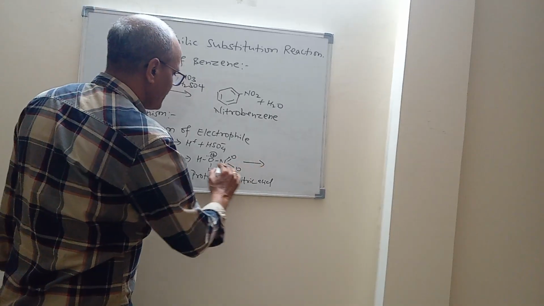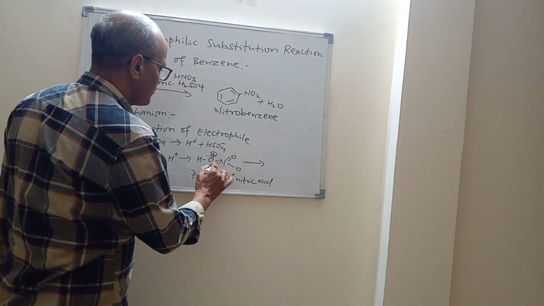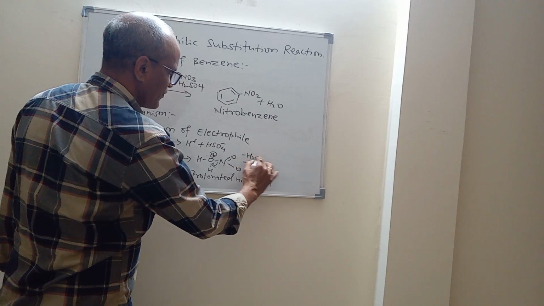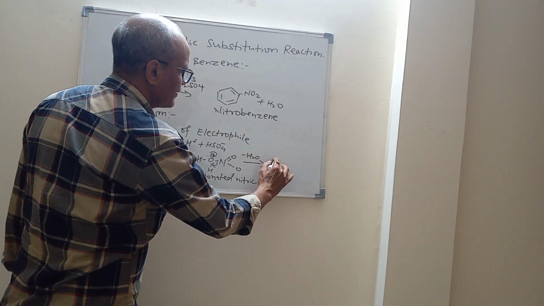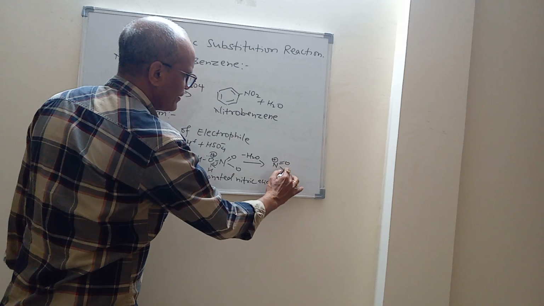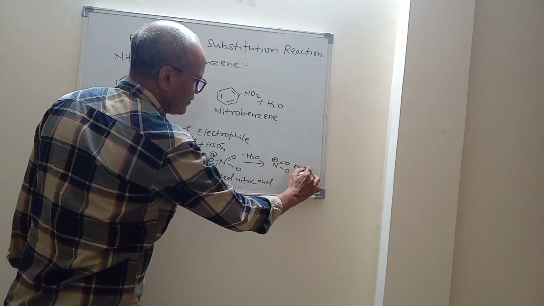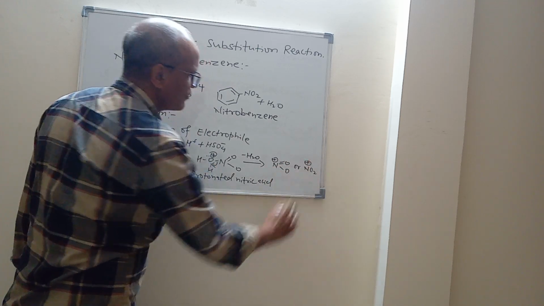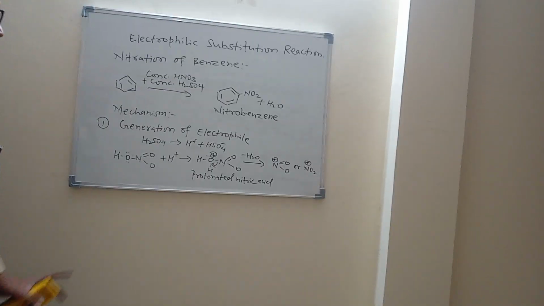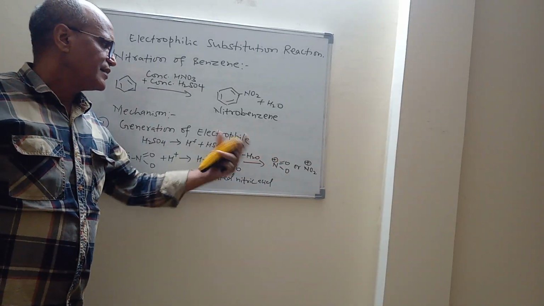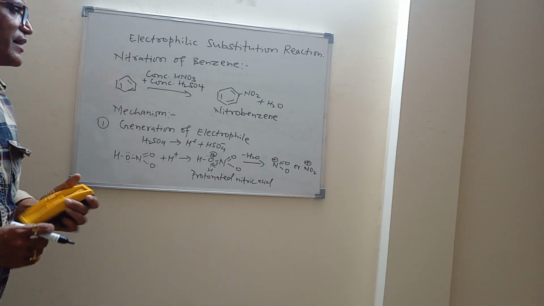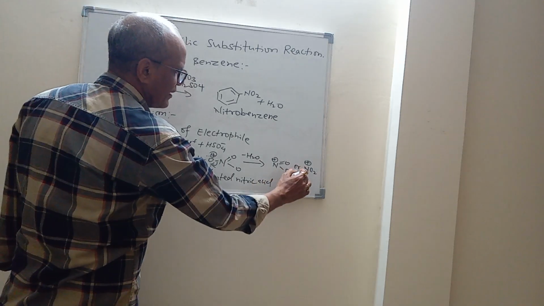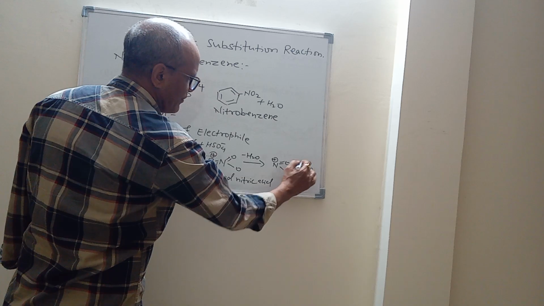And here water is lost now, and we get here nitronium ion as an electrophile, or we can write it like this also, NO2 plus. So nitronium ion here is an electrophile.